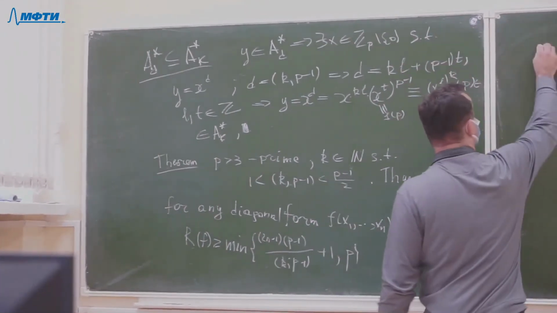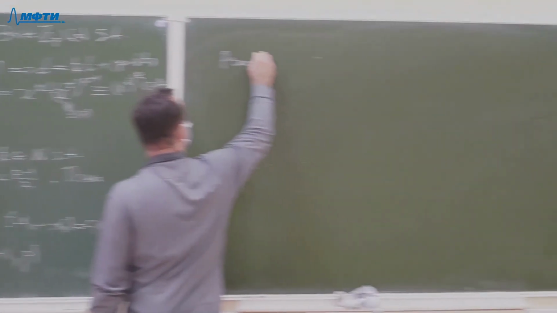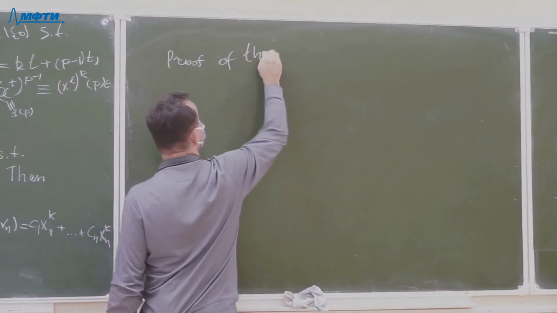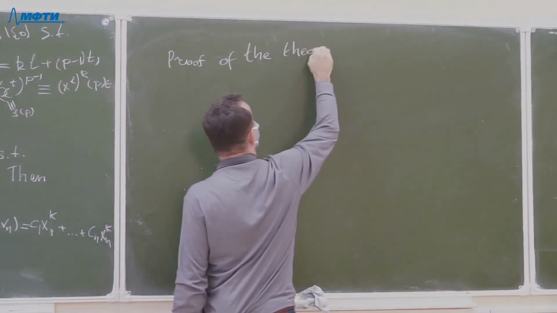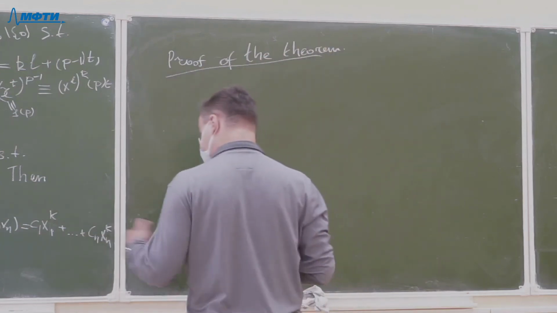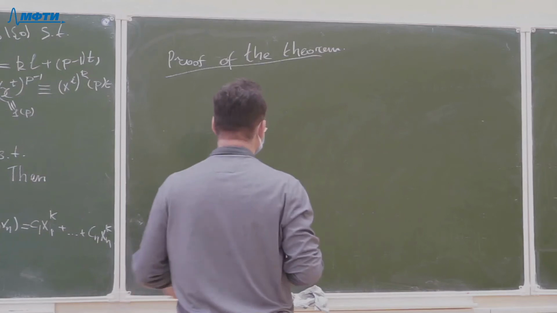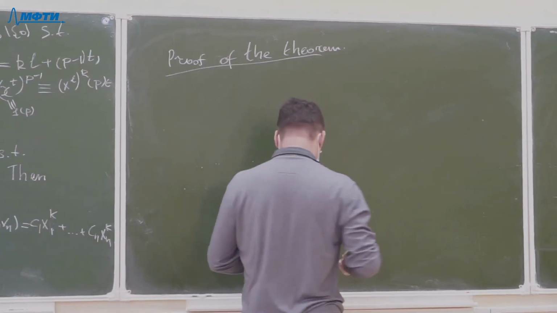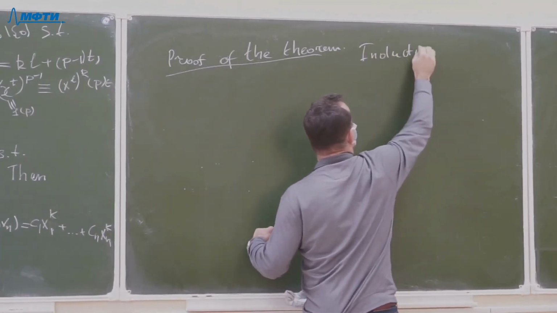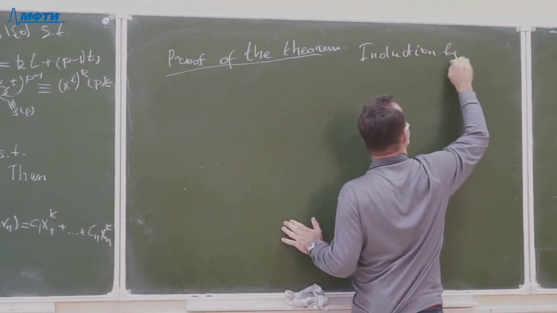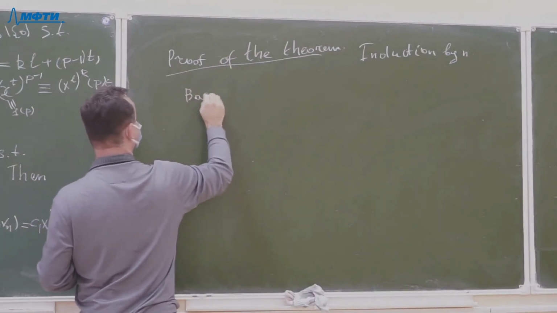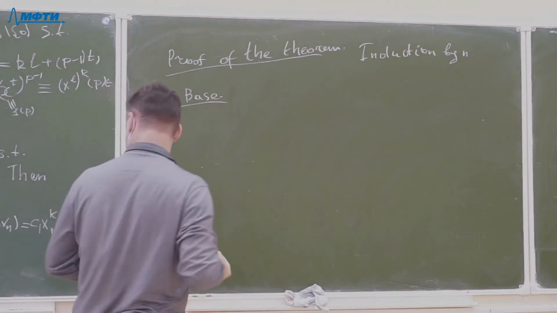Proof of the theorem. Induction by n. Base of induction: n equals 1.